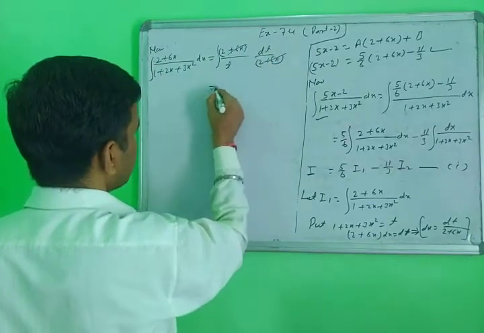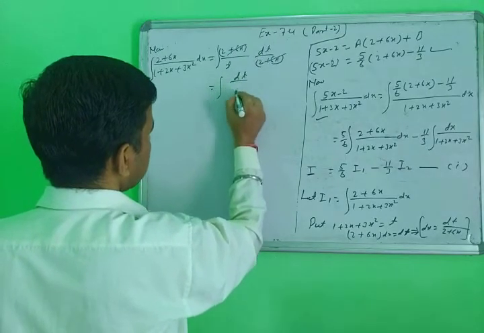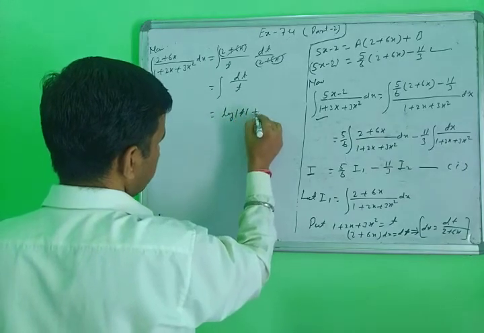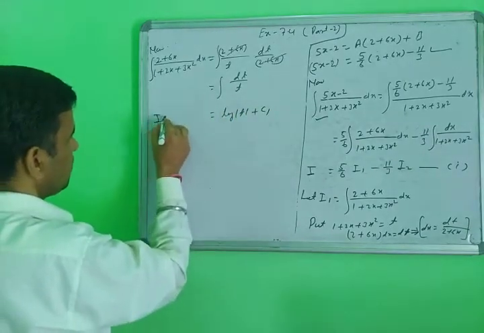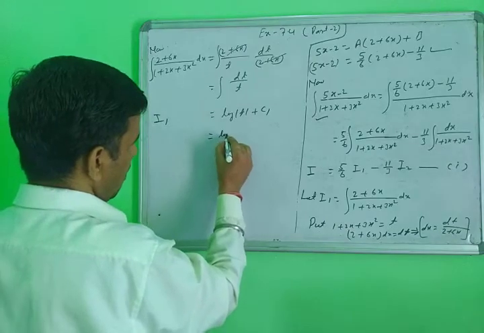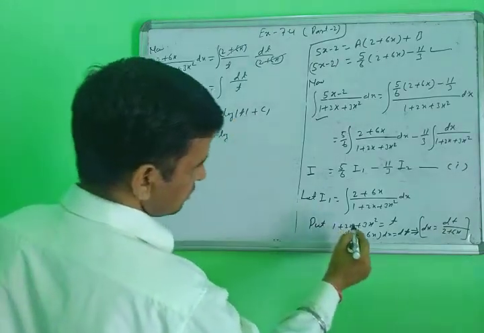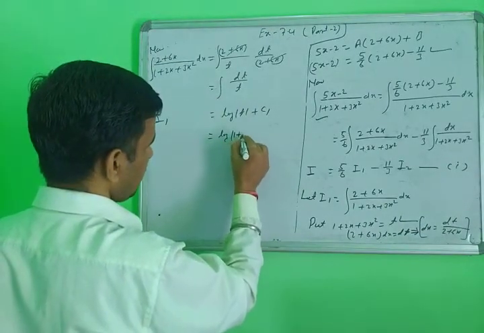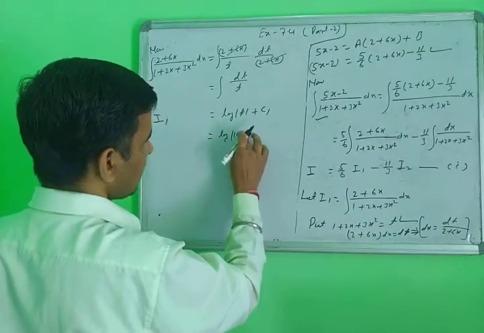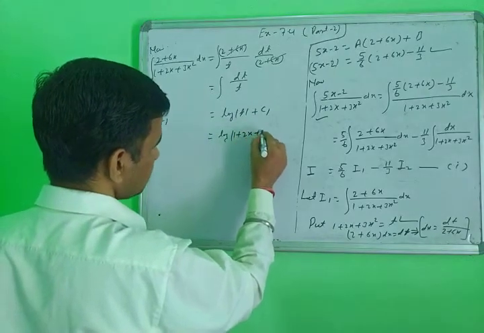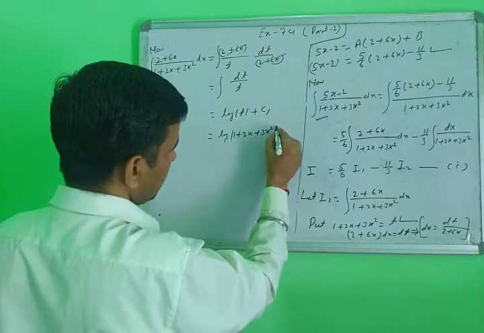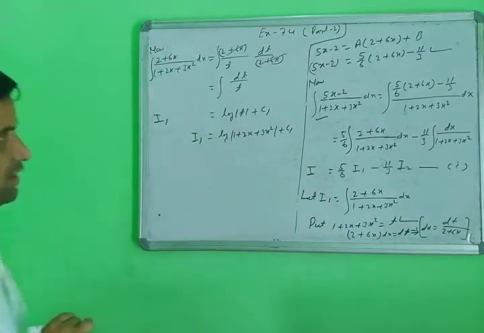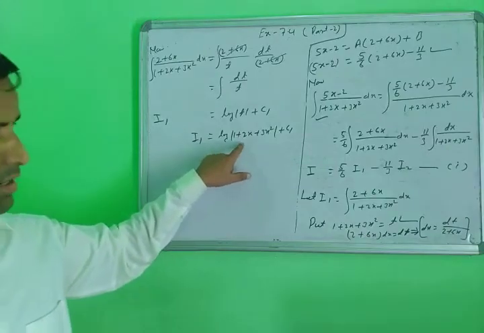This will be cancelled. What is left here? dt over t, and then integration is log t plus c1. This is the integration of I1. Substituting the value of t: log of (1 + 2x + 3x²) plus c1. This is the value of I1.